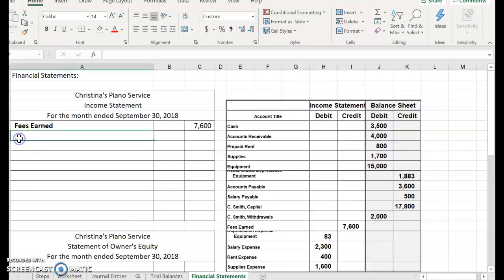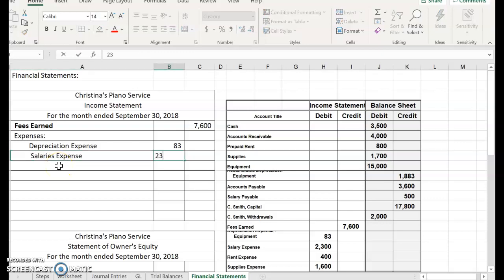Next, it will list out all expenses. And our first expense is depreciation expense, and it is in the amount of $83. Our next account is salaries expense, and its adjusted balance is $2,300.